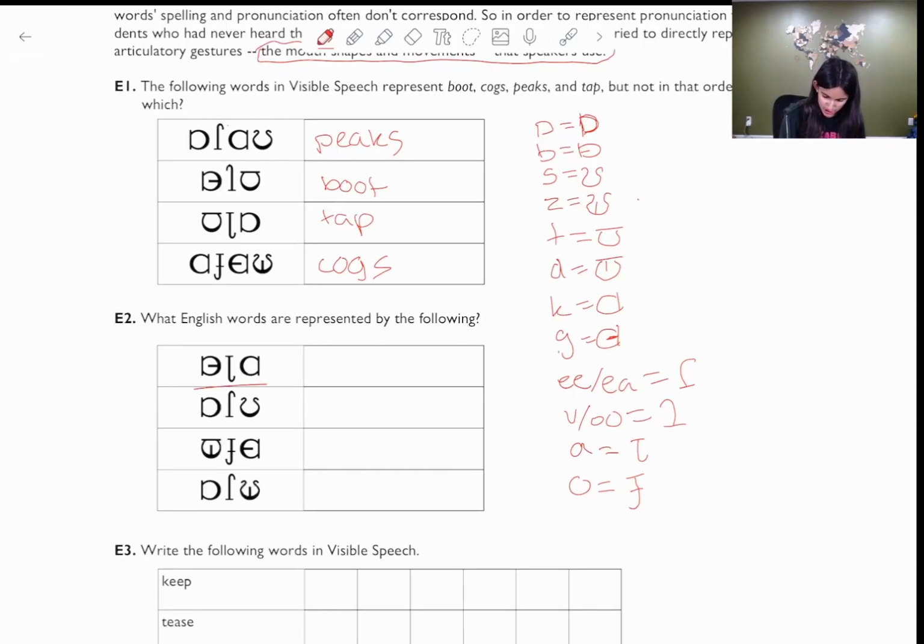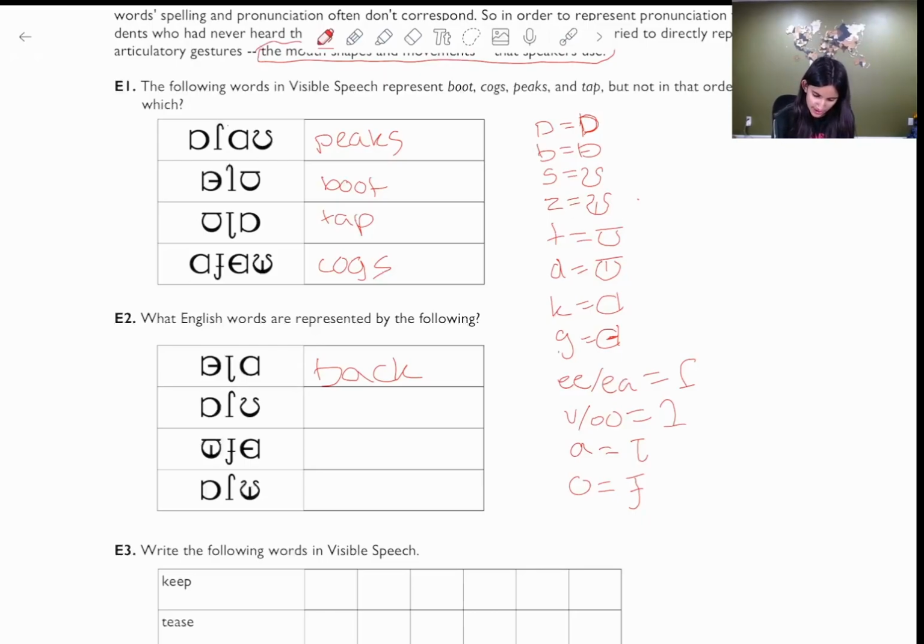Now let's try to translate these into English words. So let's see. We have this, which we have here, which is B. And then our next sound is a. And then our next sound is a K. Back sounds a lot like back.